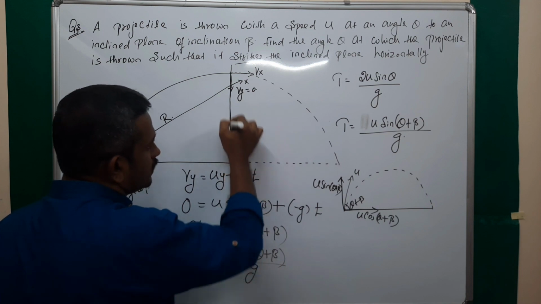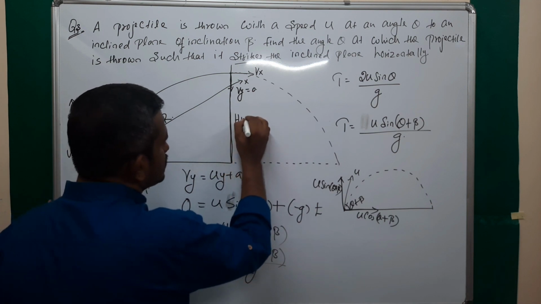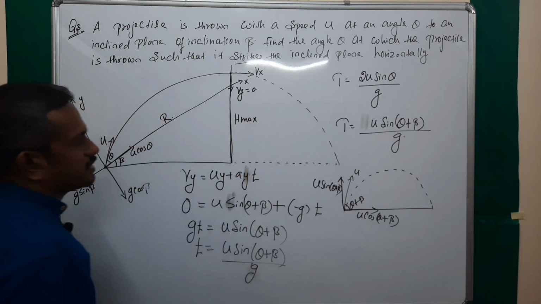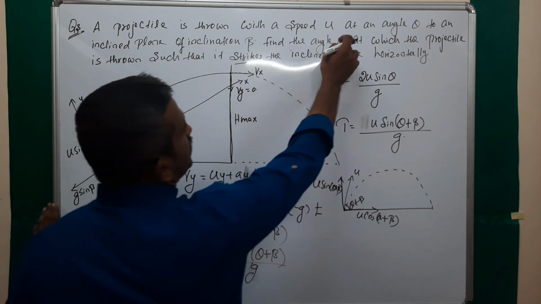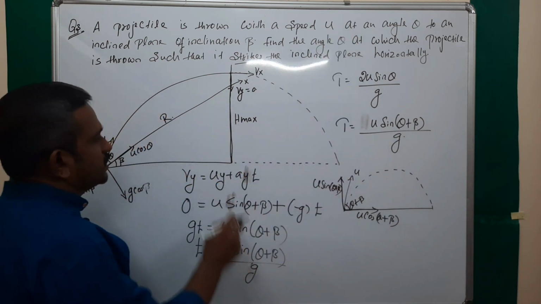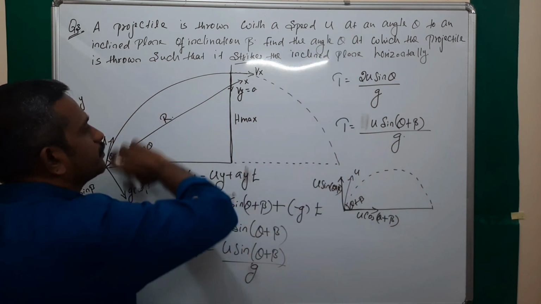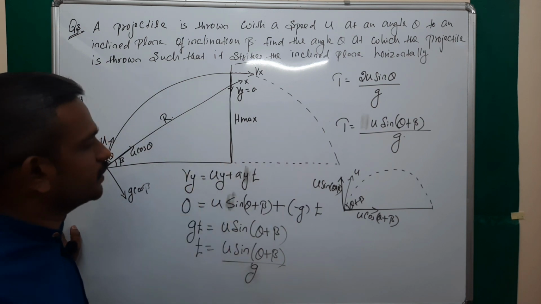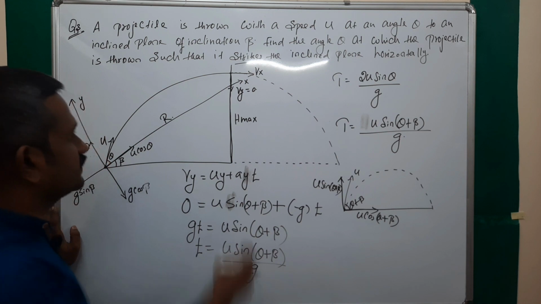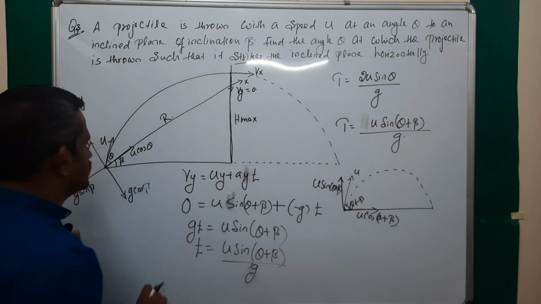This distance is nothing but h max, because we are going to find the condition for theta, the angle of projection, by observing the projectile in the ground plane. Then only we can find the condition for theta. So this distance is h max.